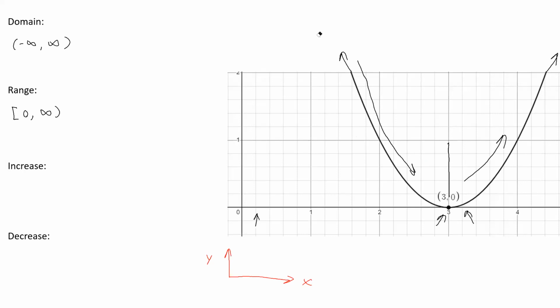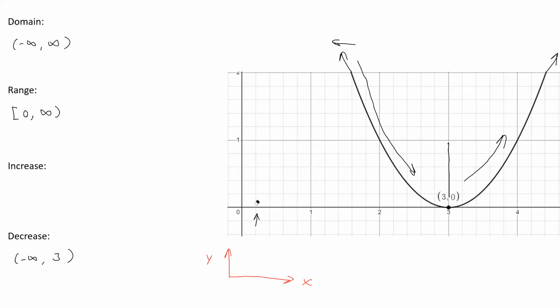To write anywhere to the left of the point 3, 0 for the decrease, we're going to put negative infinity, comma, 3. As I may have said already, for intervals of increase and decrease, we only care to write about the x values. So this goes from the x value of negative infinity, and it stops at the x value of positive 3. We just want to keep that in mind.